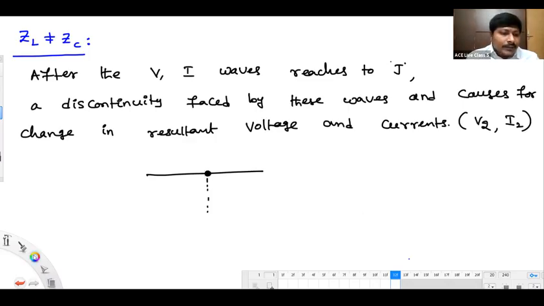Just above the point, we have some voltage that I am saying as V2, the new voltage we have been experiencing.